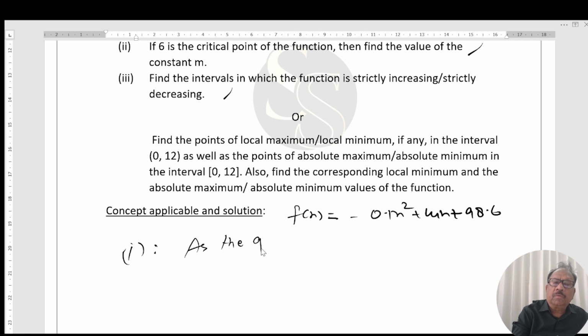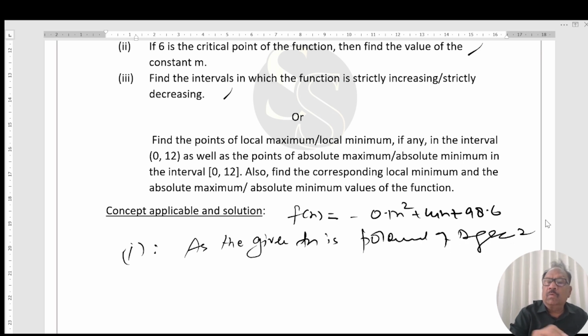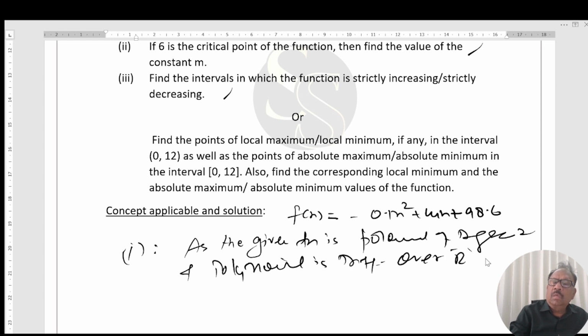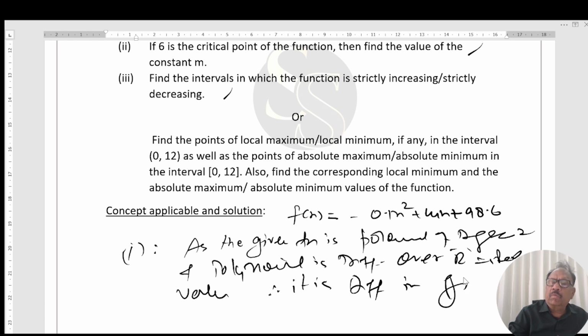The given function is a polynomial of degree 2, and a polynomial is differentiable over R, real values. Therefore, it is differentiable in the given interval.